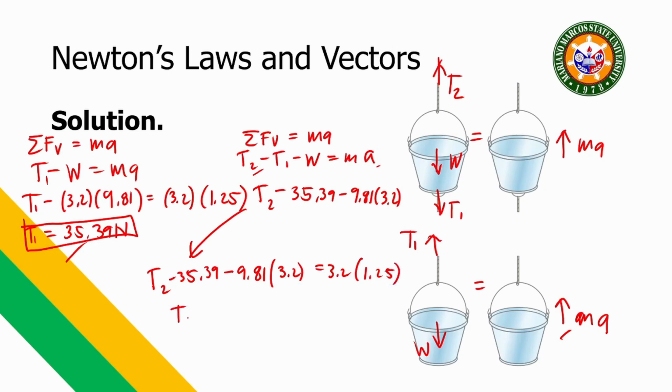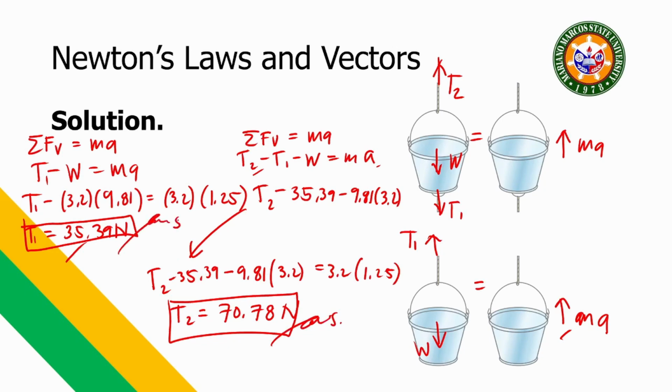So, if we try to solve for T2, transpose these two here, we will get 70.78 newtons. So this is the tension when the wires or the buckets are being pulled upwards.